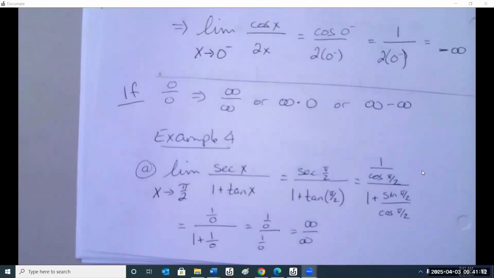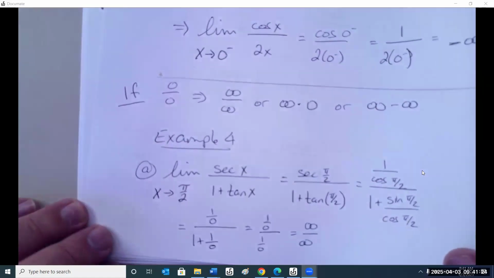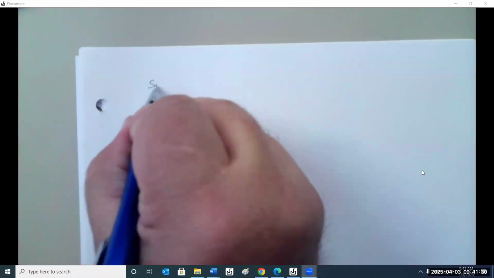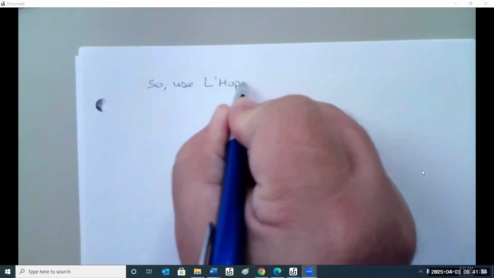So we got infinity over infinity. So what do we do? L'Hopital's rule. Use L'Hopital's rule.